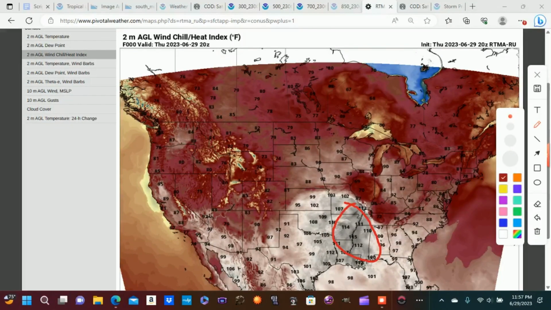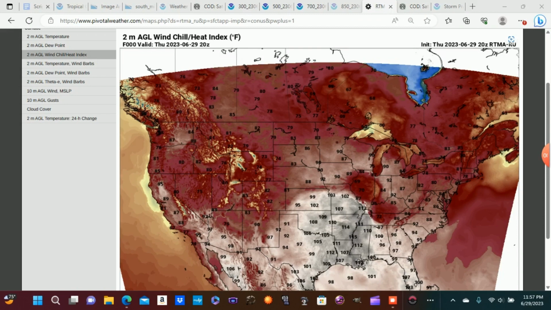So heat index could exceed 105, 110 for getting all the way into Alabama for Friday. And so definitely need to take precautions, stay cool, stay hydrated. And so hopefully we get a break from the heat in the next couple of days.